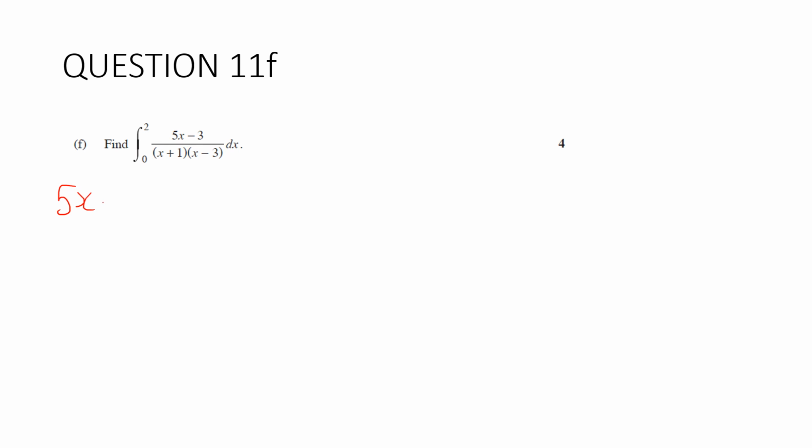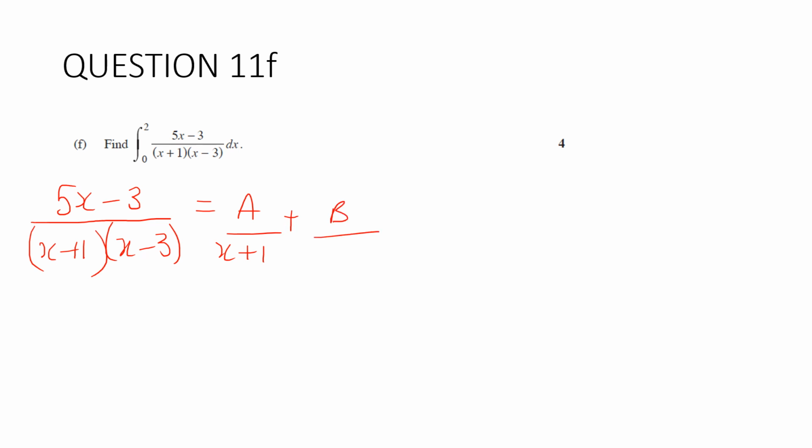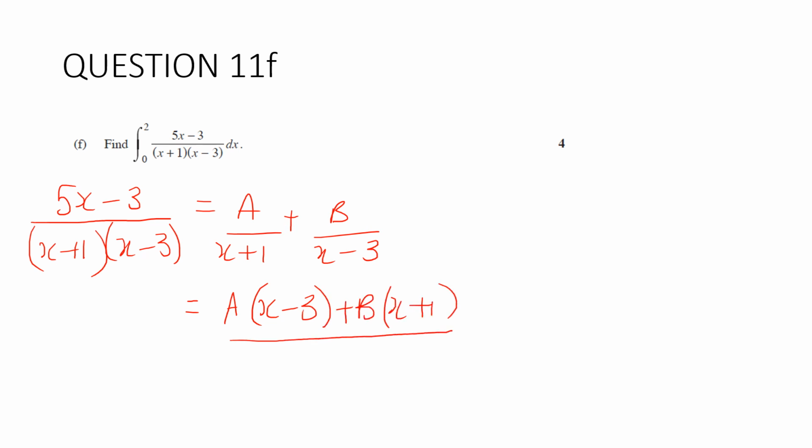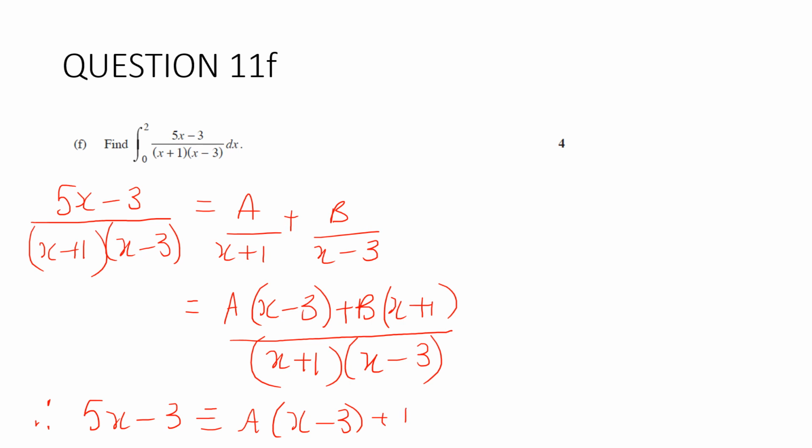So we're going to let (5x minus 3) over (x plus 1)(x minus 3) equal A over (x plus 1) plus B over (x minus 3), which is equal to A times (x minus 3) plus B times (x plus 1) all over (x plus 1)(x minus 3), which means that 5x minus 3 must be equivalent to A(x minus 3) plus B(x plus 1).